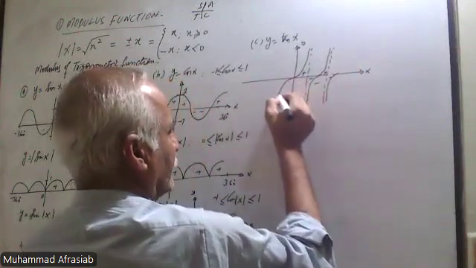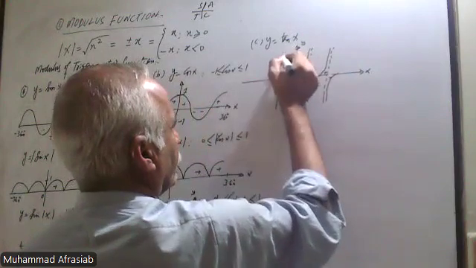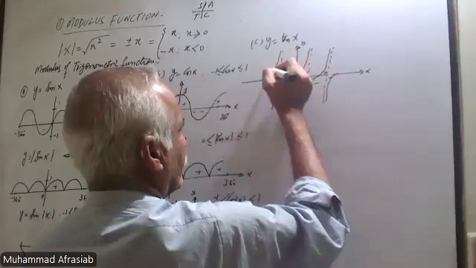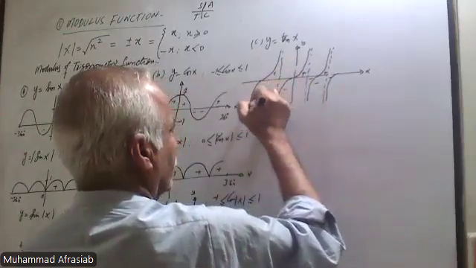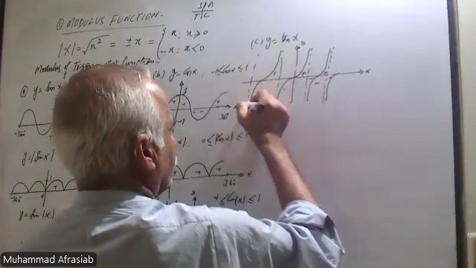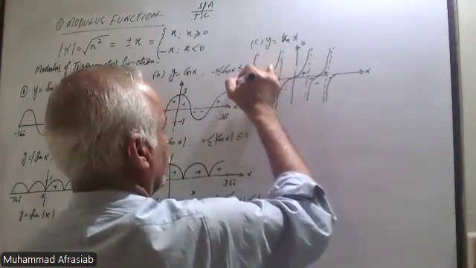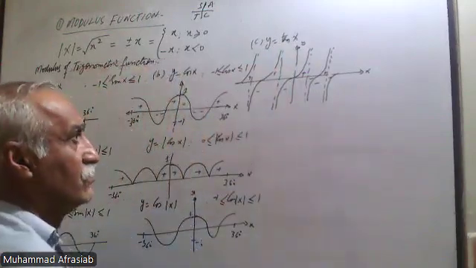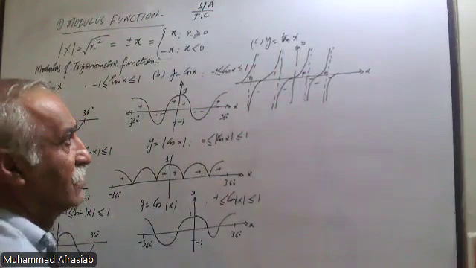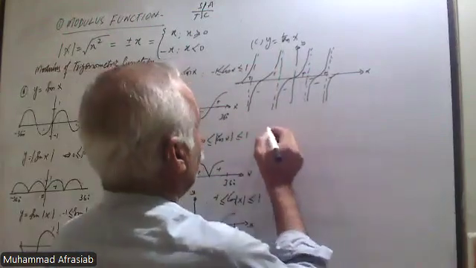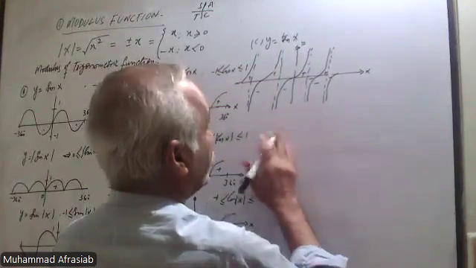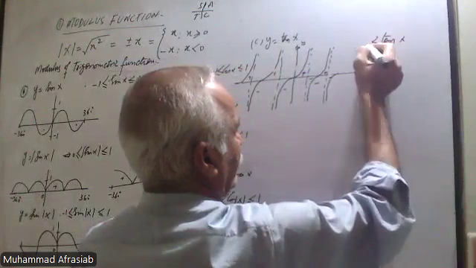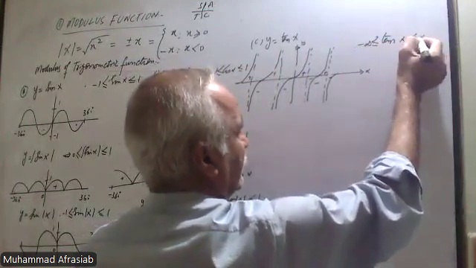And for this side, it is negative, then positive, then negative, and then positive. So this is the graph of y equals tan of x, and the range of tangent of x is from minus infinity till infinity.